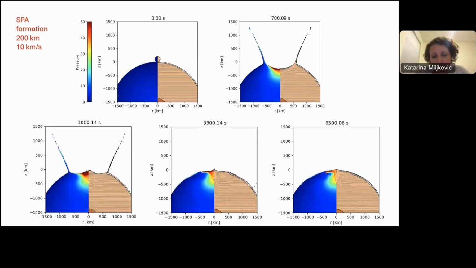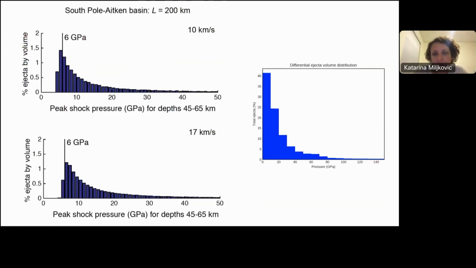So this was our favorite case, and in this case, what we're achieving is that for material ejected from required depths, we get a small but reasonable volumetric part of the ejecta that is thrown out from the SPA at 6 GPa or less. And so that was the yay moment, I guess.